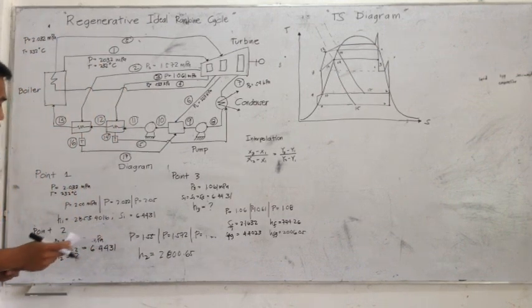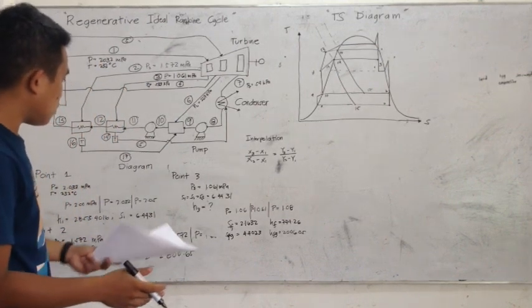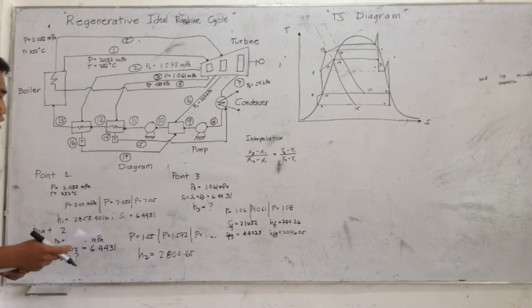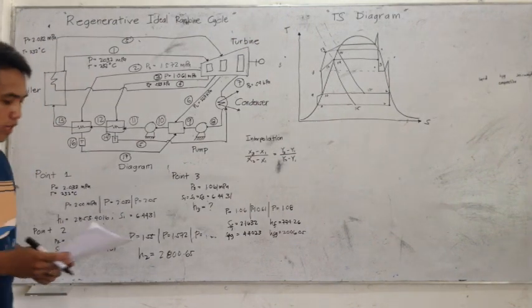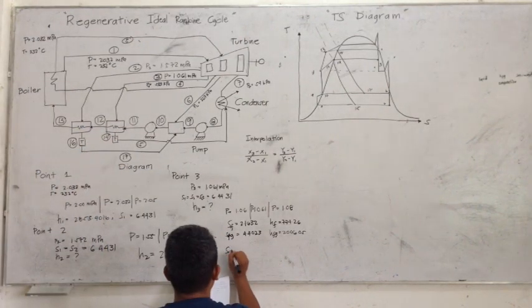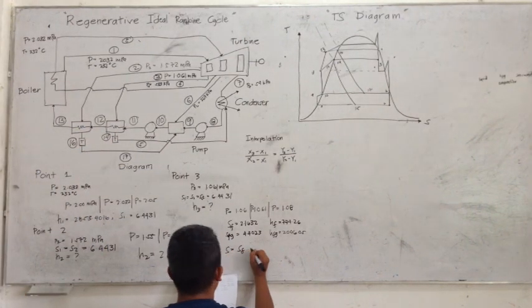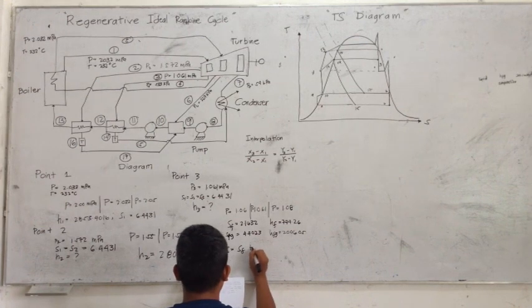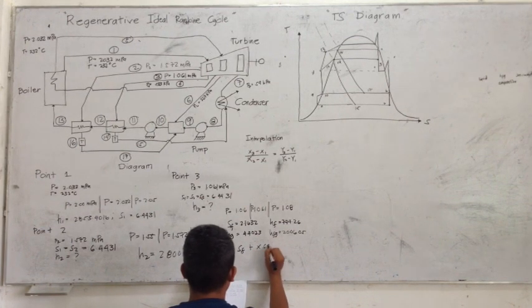With these given numbers, we try to locate the quality X. In finding the quality X, we have the formula S equals SF plus X SFG.